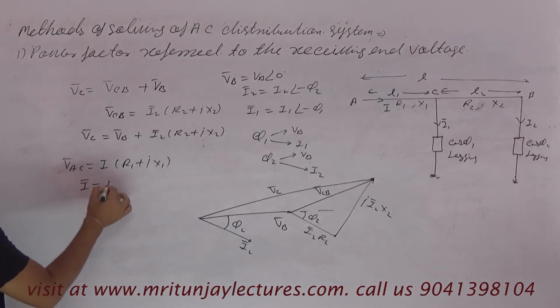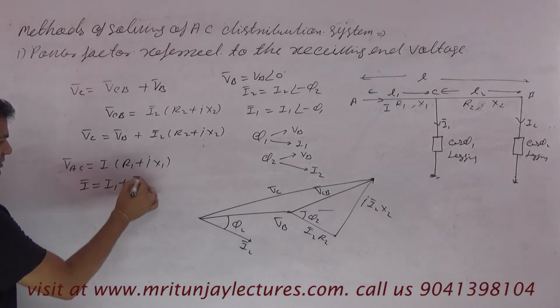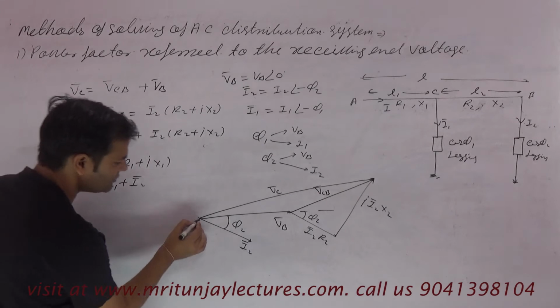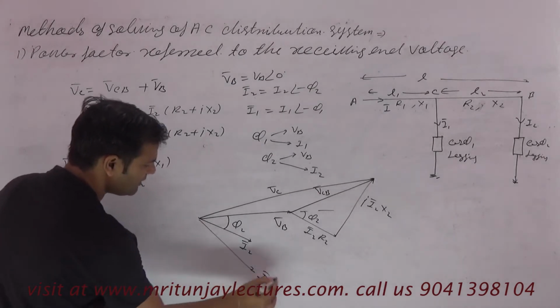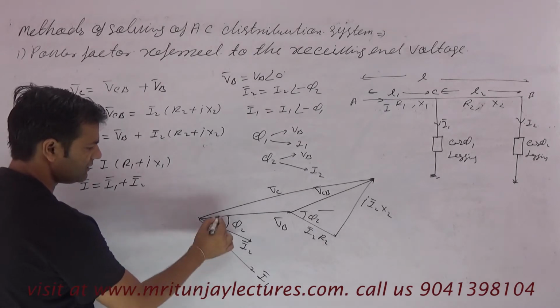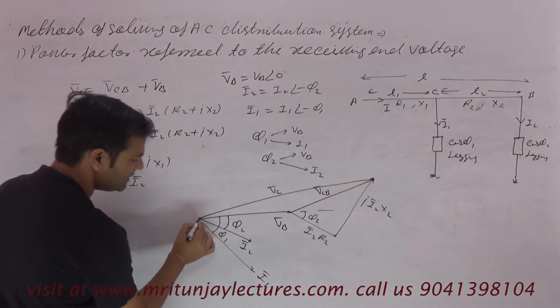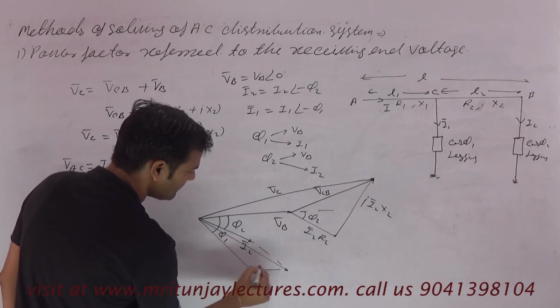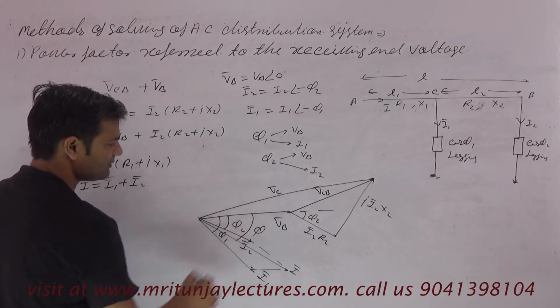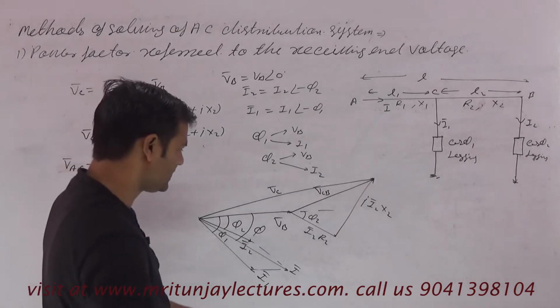I is I1 plus I2. So first of all, this one is I2, and what about I1? Suppose I1 is like this one. Okay, both are lagging power factor, so clear, that is phi 1. So the resultant of these two is I, and this angle is phi.